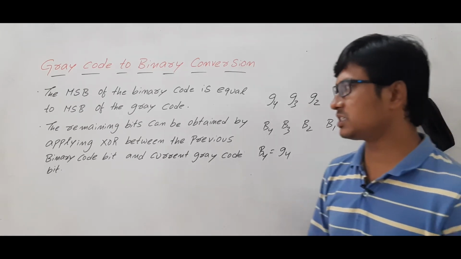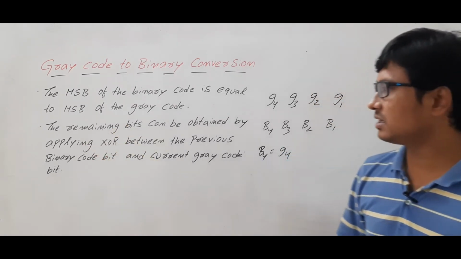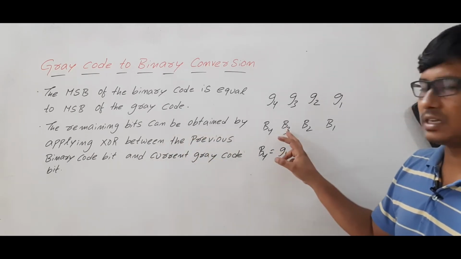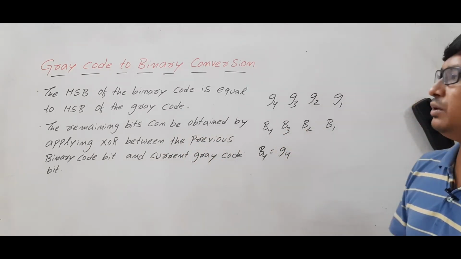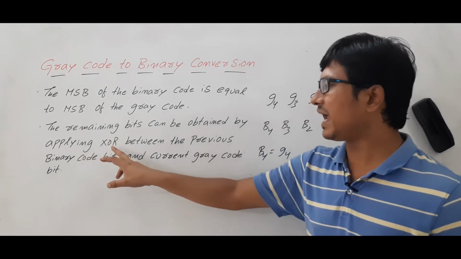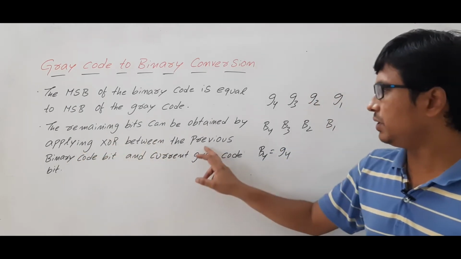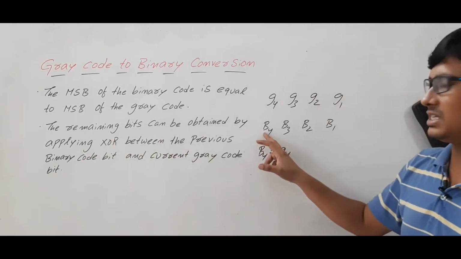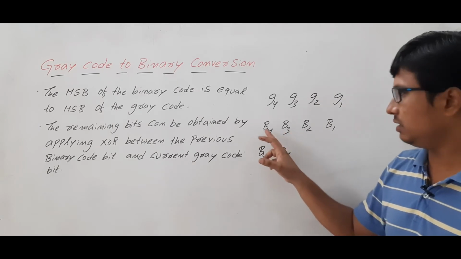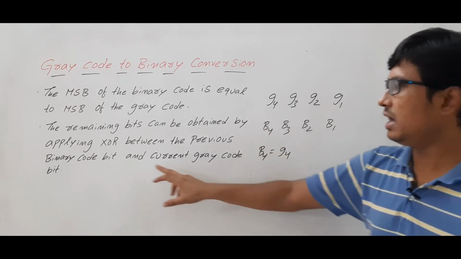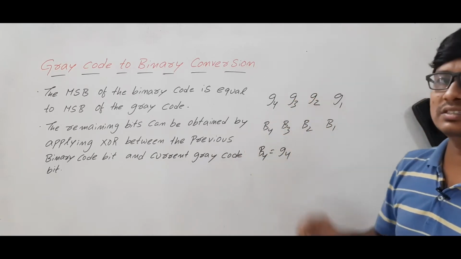Now what is the second step? The remaining bits, B3, B2 and B1, can be obtained by applying the XOR between the previous binary code bit and the current gray code bit. If you are finding B3, the previous bit is B4 and the current gray code bit is G3.